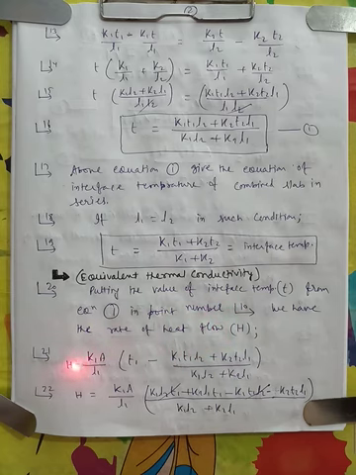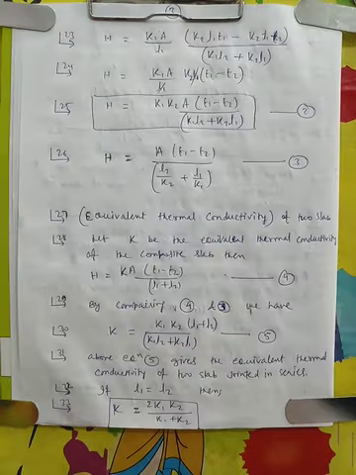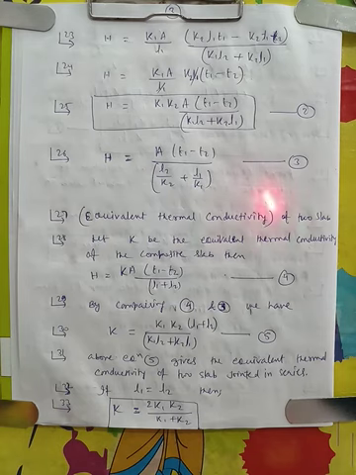By putting this interface temperature, we get H is equal to K1 A by L1 into (T1 minus T), and by solving this, taking the LCM, we get H is equal to K1 K2 A into (T1 minus T2) by (K1 L2 plus K2 L1).